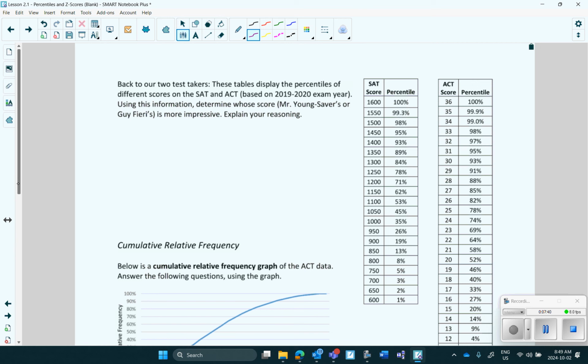So let's compare their percentiles of the two. Remember, Young Saver got 1050. So Young Saver is at the 45th percentile. Whereas Fieri, remember, he scored 23. He's at the 69th percentile.